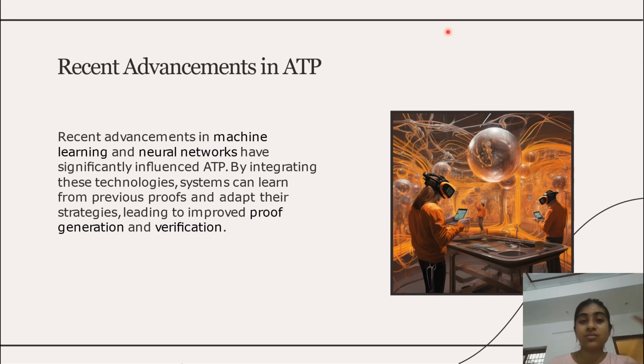By using neural networks, the ATP system can adapt and optimize the proof search process, improving performance on more complex problems. It learns from the mistakes it has made or the data already stored in it, collects that, and implements it in a more effective way.